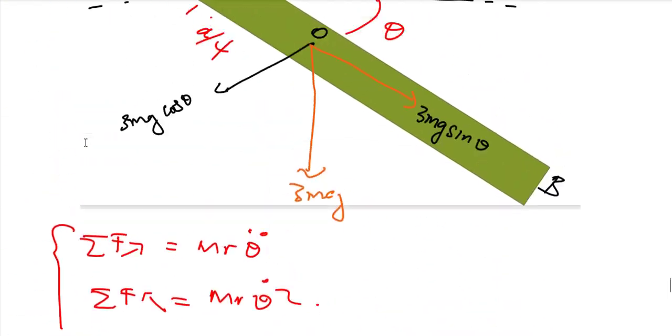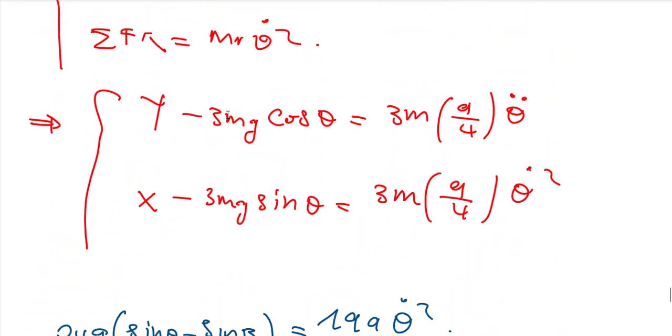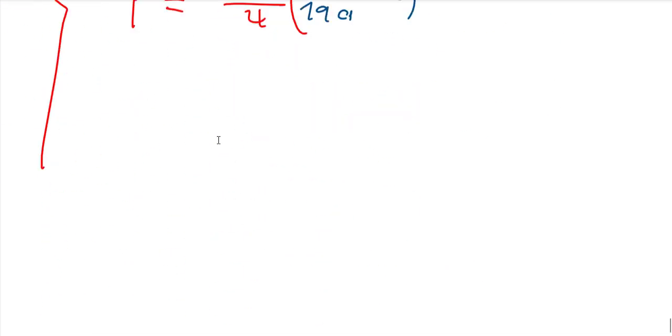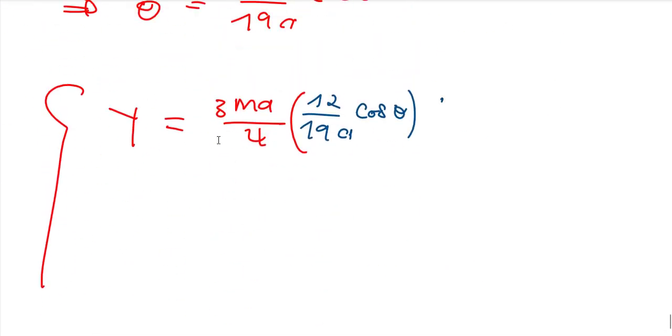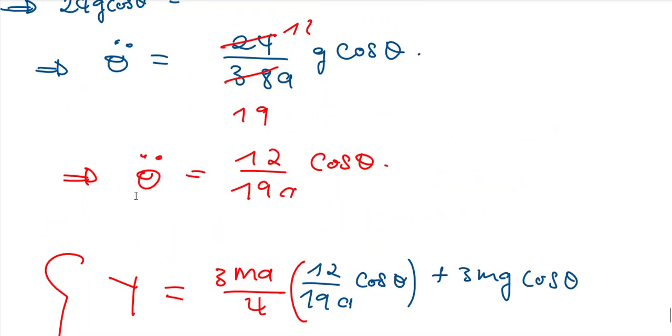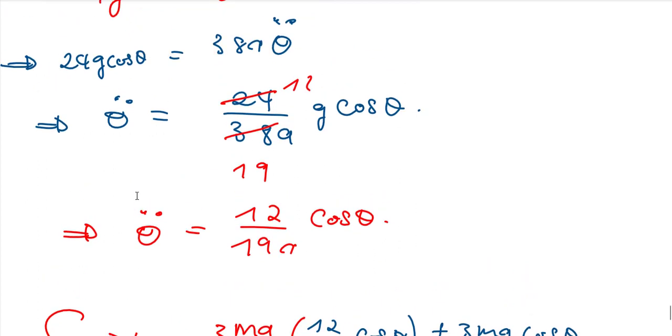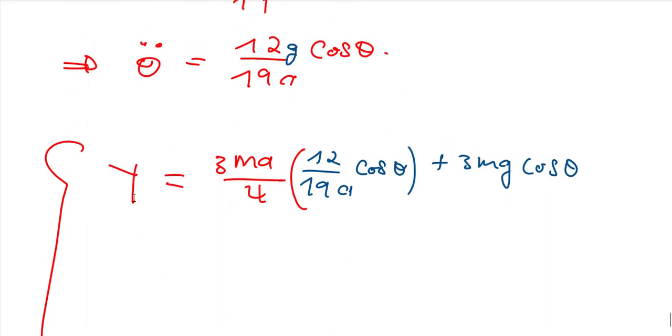Then I transfer this term this way, so that will be plus 3mg cos theta. Okay, I omitted a g here, so here there is a g.